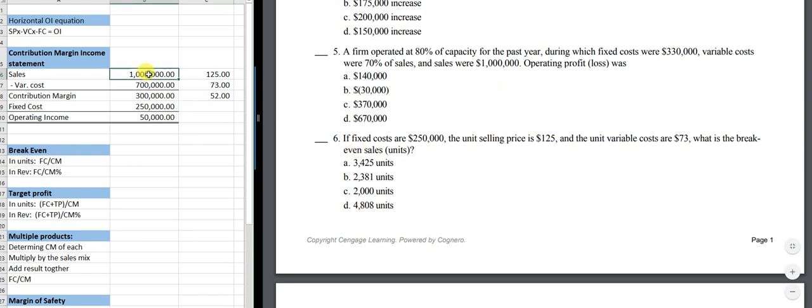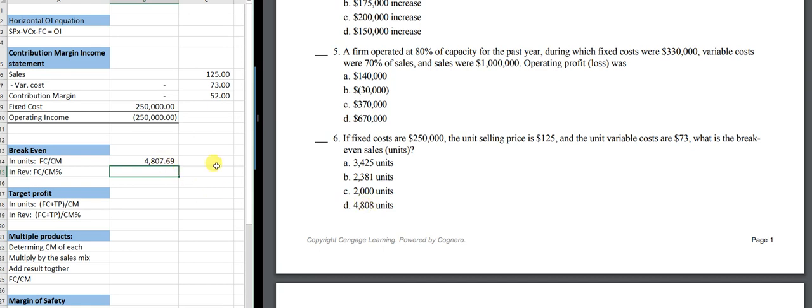So this is from a prior problem, and this is what I have so far. Now I know that break-even in units is fixed cost divided by contribution margin. So I have 250,000 divided by my contribution margin of 52. I have 4807.69. So number 6 is D, 4808 units.